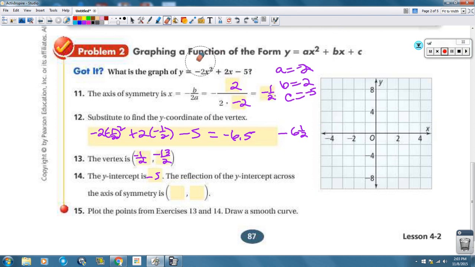Because this is negative 1, so negative 1/2. This is 4, so 6.5 would be somewhere like that. And then this is 6, so this would be that. And if you reflect across the axis of symmetry, this would go here. This is what they mean for you to do.